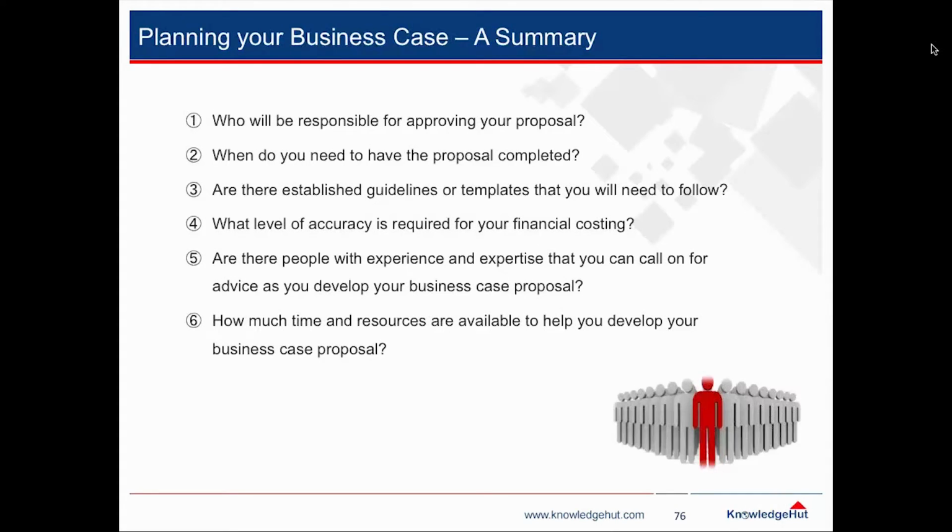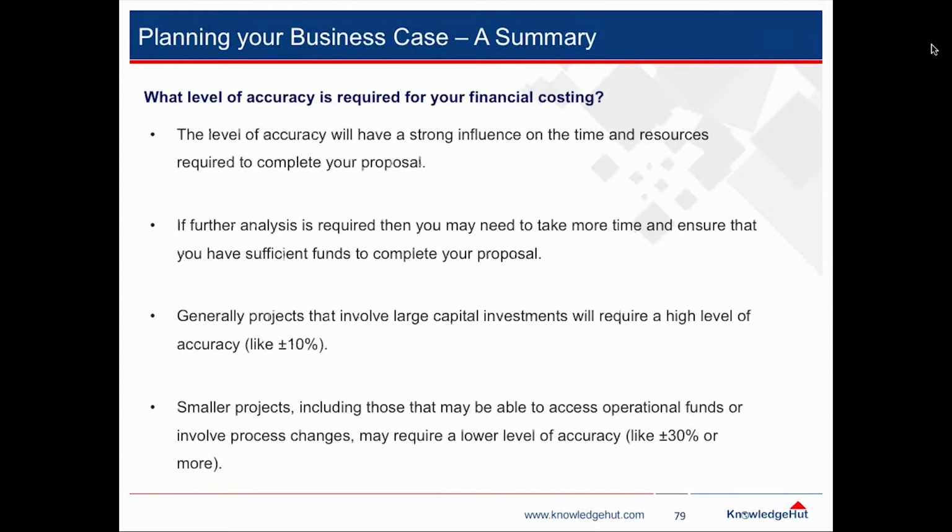And how much time and resources are available to help you develop your business case? A good rule of thumb is that for projects that involve a large capital investment, your level of accuracy should be around ±10%.